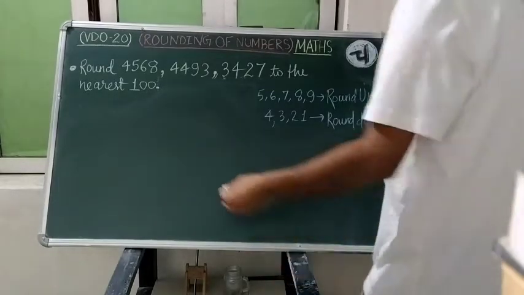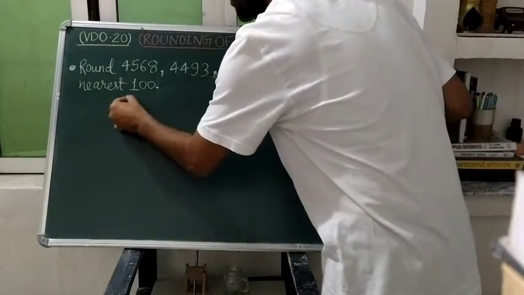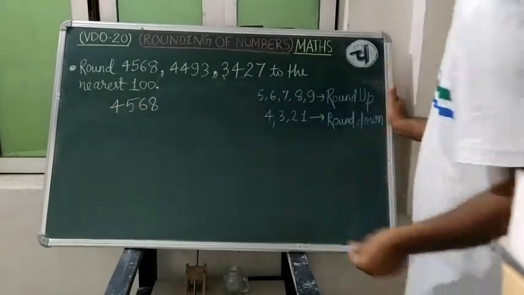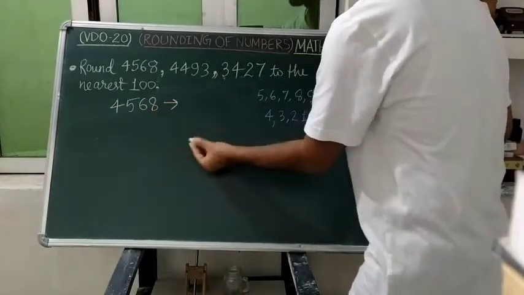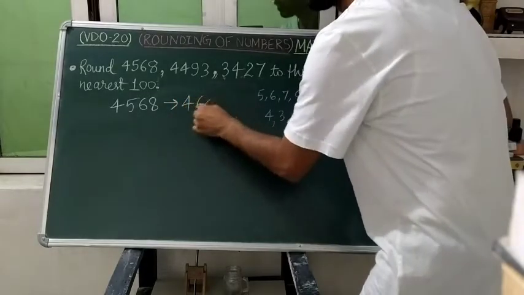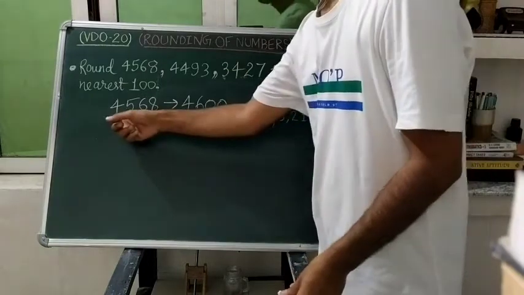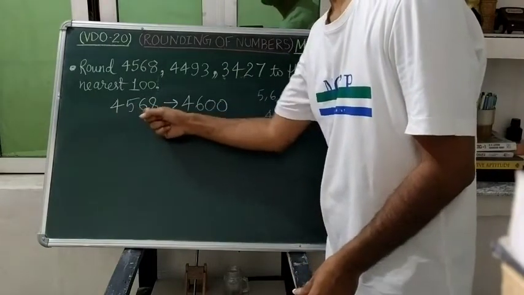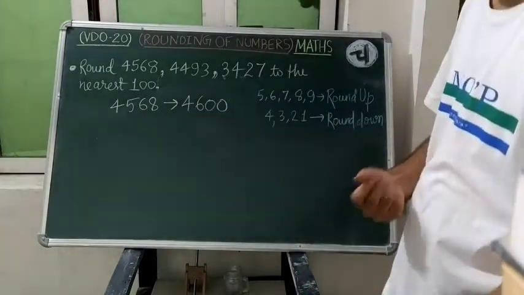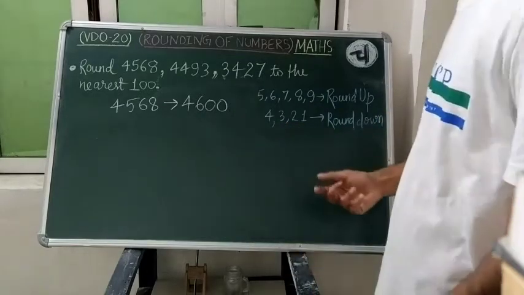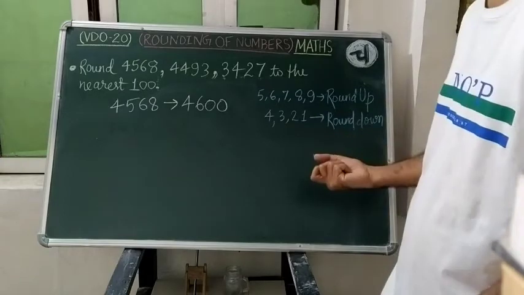So we have seen that 4568, when we were rounding off, we were getting 4600. So if anyone is giving you 4568 rupees, you can now say that I have 4600, nearest will be 4600.